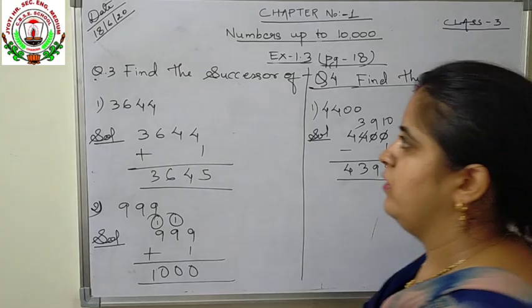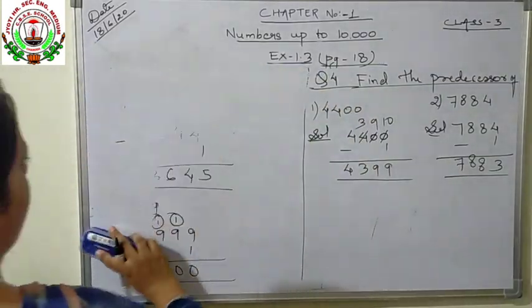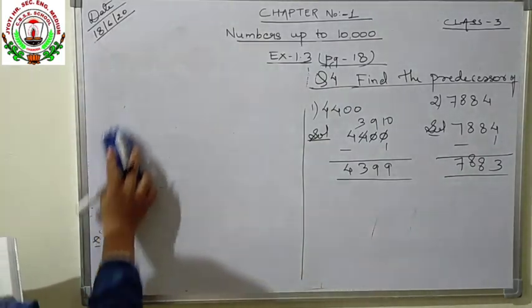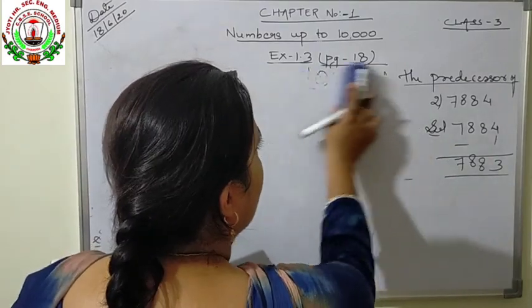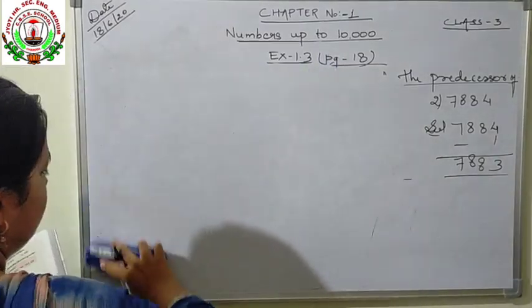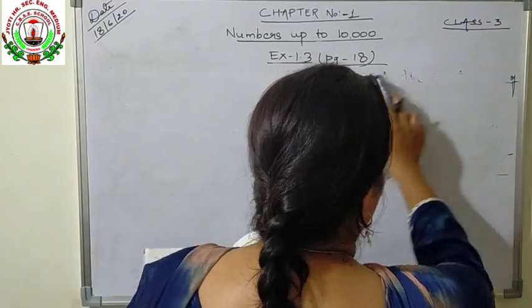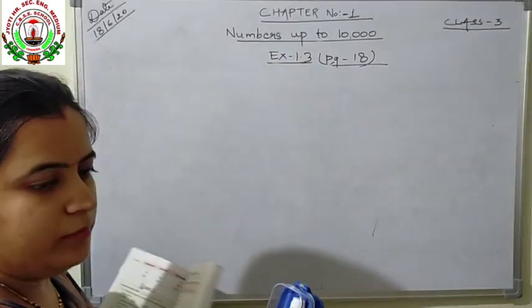Now moving on to question number 5. Question number 5 is: arrange in descending order. What do you mean by descending? Descending means we have to arrange the numbers from greater to smaller. And ascending means we will arrange the numbers from smaller to greater.